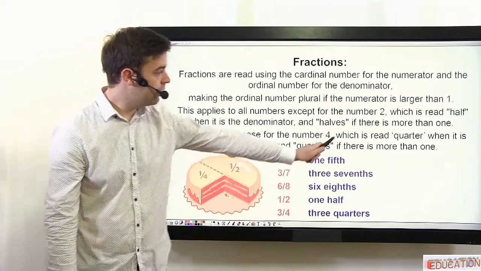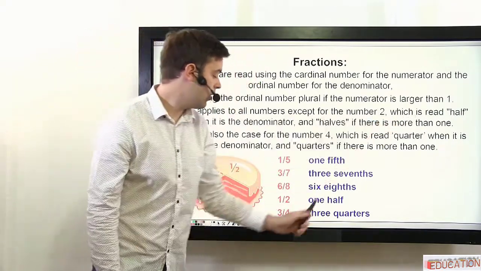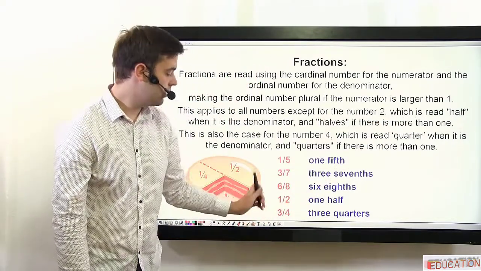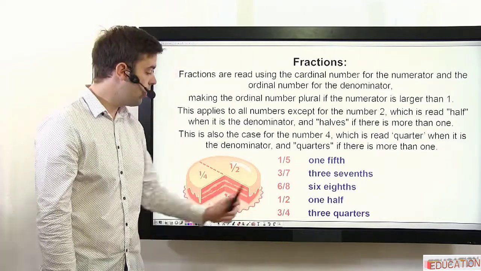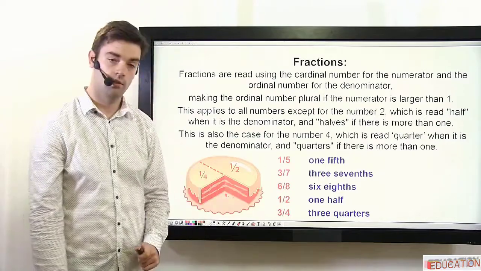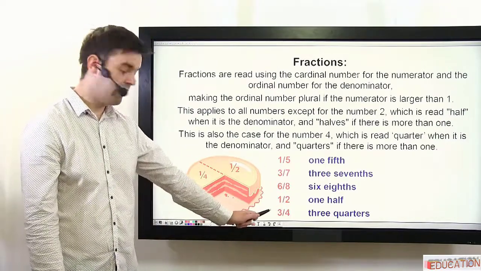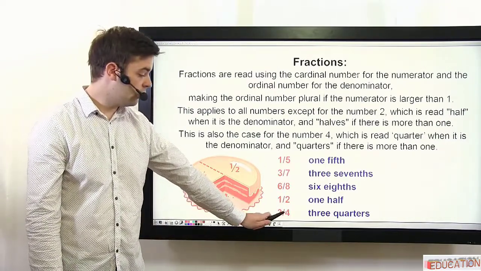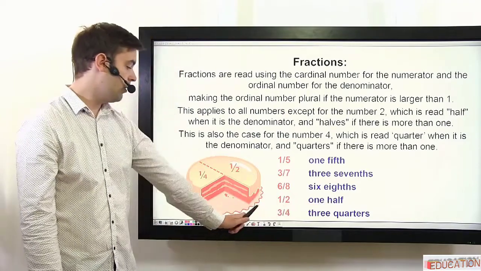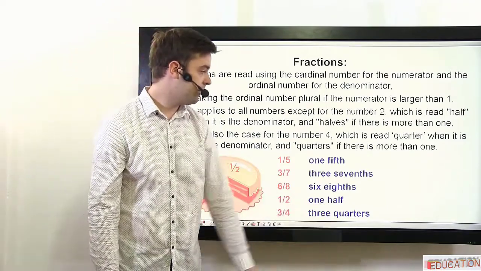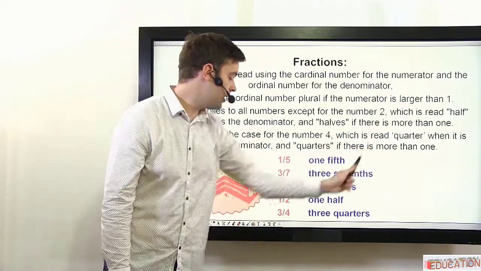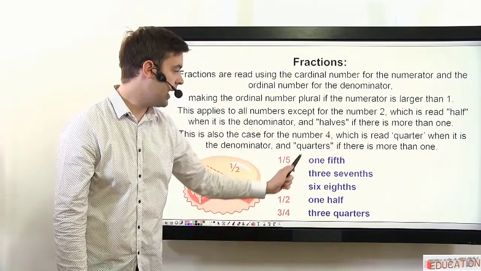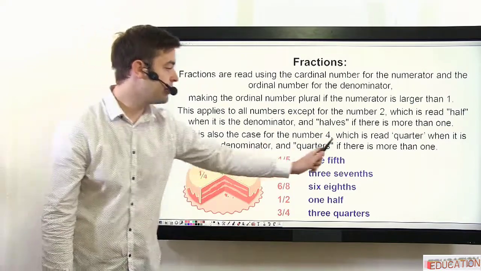Remember, 2 is half when it's the denominator. So this one is 1/2. And this one, 3/4. So remember, 4 is read as quarter when it's the denominator, and quarters if there is more than one.